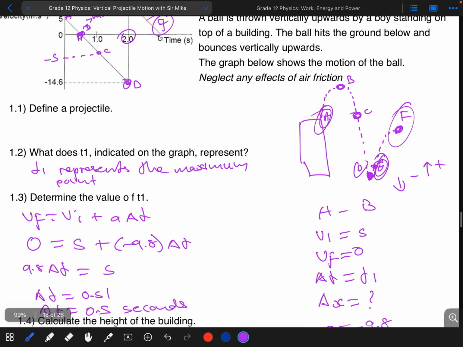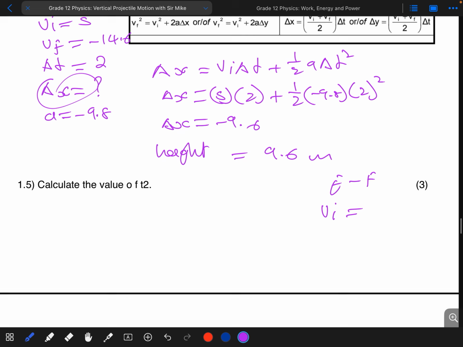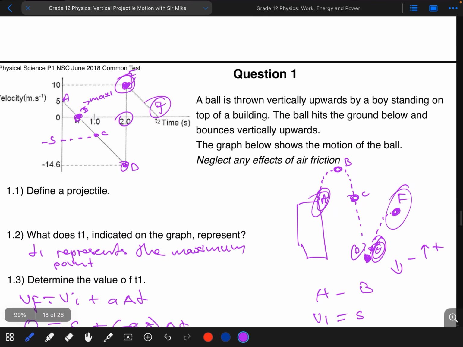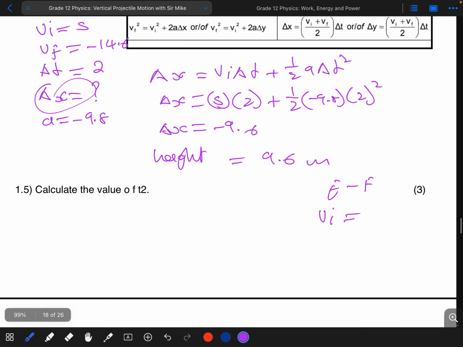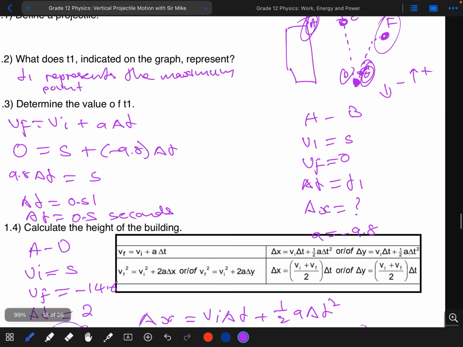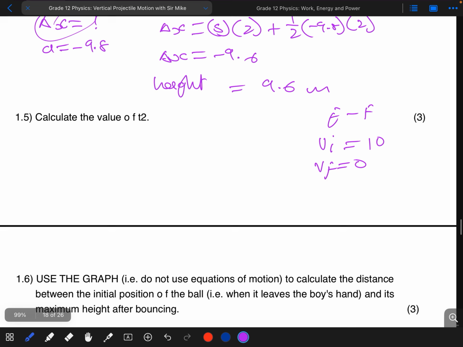Between point E and F, V initial is positive 10. V final equals 0, because at the maximum point the velocity is simply 0.